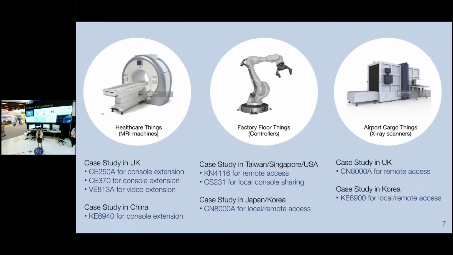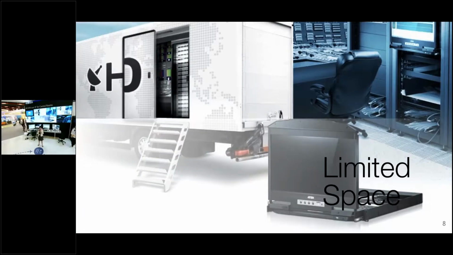Their cargo service logistics service provider uses our KE6900 solution for their local and remote access solutions. So these are the real cases happening in the edge area. Okay, so again, whenever there is a computer, there is a need for KVM.